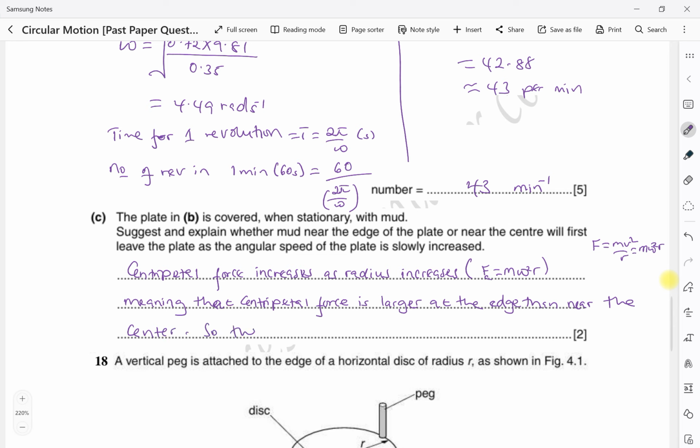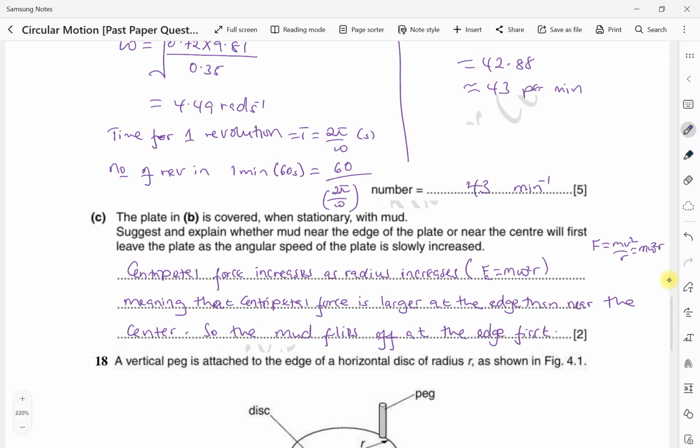So the mud flies off at the edge first. Because the centripetal force is going to be greater at the edge, yet the friction force that provides the centripetal force is not changing, it means more force would be needed to keep the mud on the surface at the edge than nearer the center.